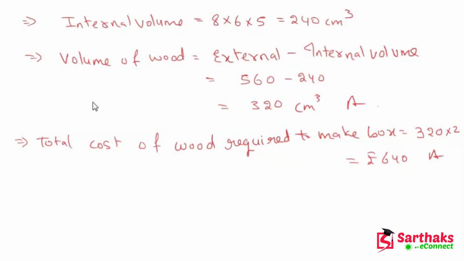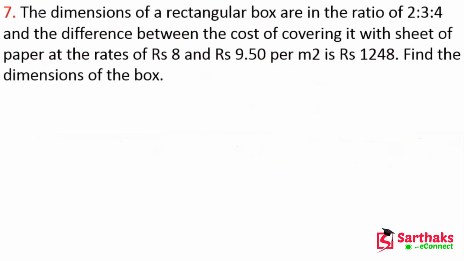So the next question is: the dimensions of a rectangular box are in the ratio 2:3:4, and the difference between the cost of covering it with sheet of paper at the rate of 8 rupees and 9.5 rupees per meter square is rupees 1248.